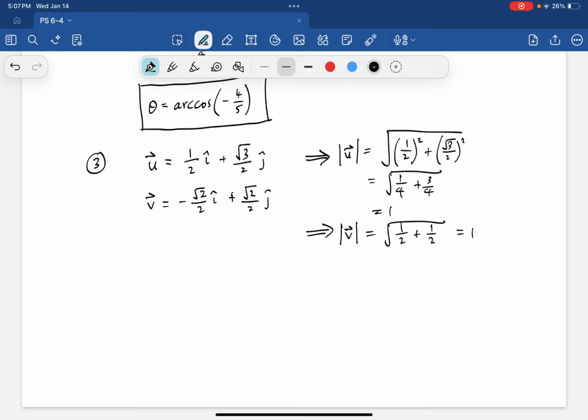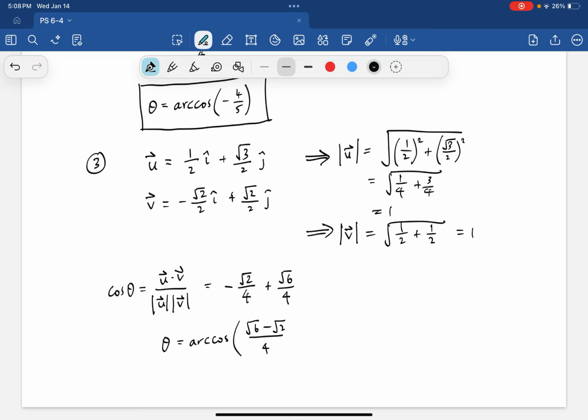Okay, and so I know that cosine theta is going to equal u dot v over magnitude u times magnitude v, which is, the denominator is just 1, and so all I care about is the numerator, which is going to be negative root 2 over 4 plus root 6 over 4. Okay, and so I could write my angle as theta equals arc cosine of root 6 minus root 2 over 4.